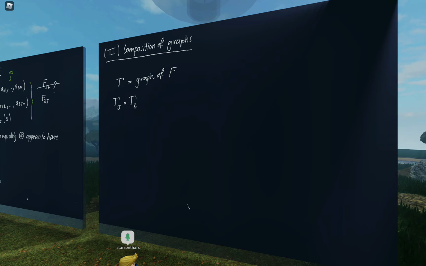So this thing here means the graph of f tau composed f sigma. So what I'm writing down here is just the definition of the composition of two functions in set theory. So the composition is a set of pairs where, so this is the input to the first function, and this is the output from the second function.